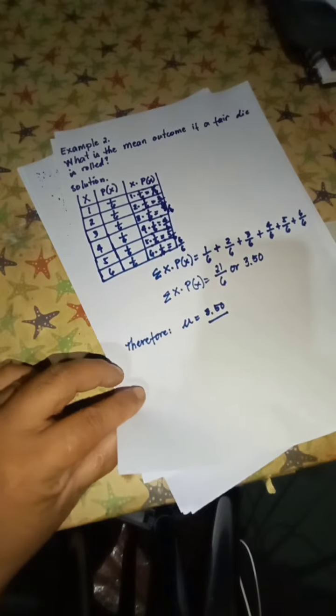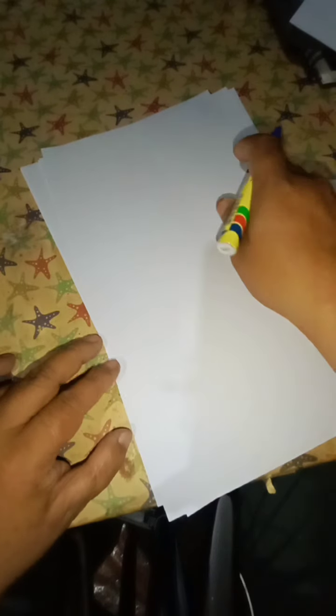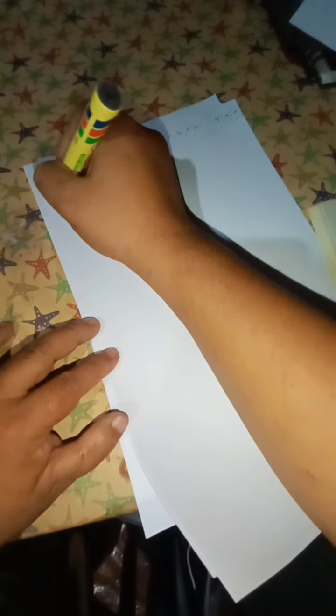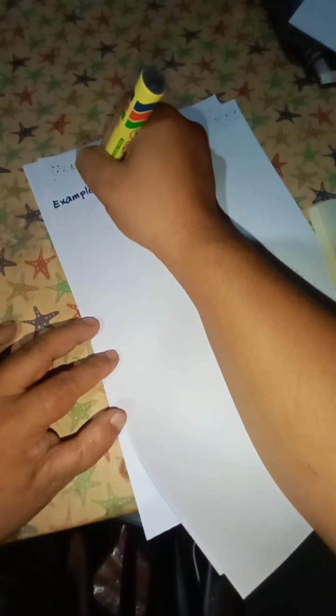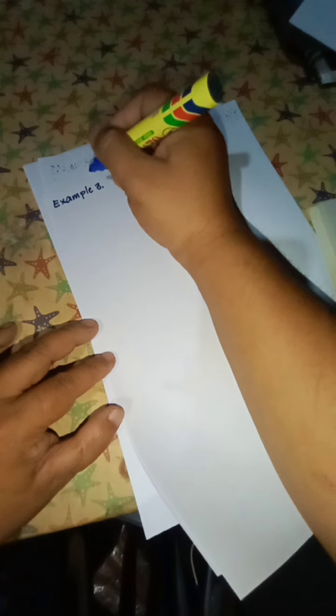Discrete random variable. Let me give you another example. Okay, this is example number 3.